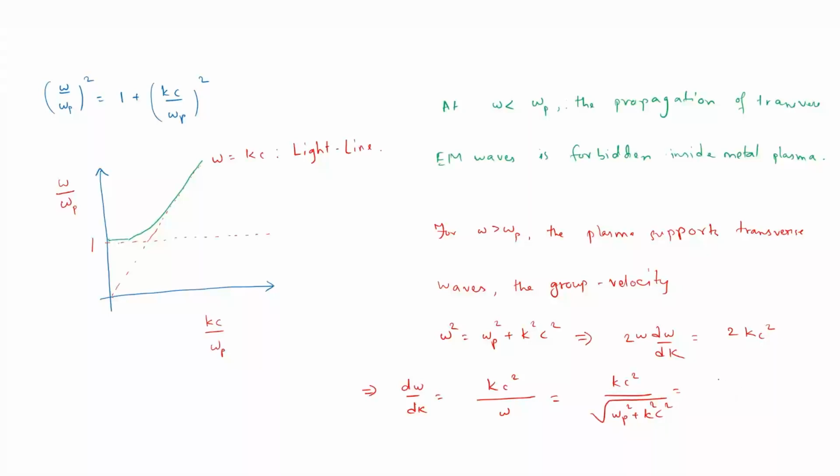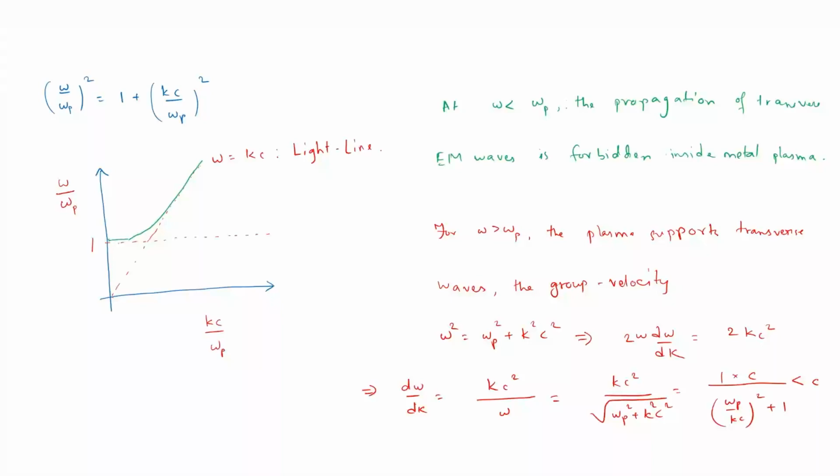If you divide, this quantity is of course less than c. Why is it less than c? It is because the denominator is greater than 1 and both numerator and denominator are positive.